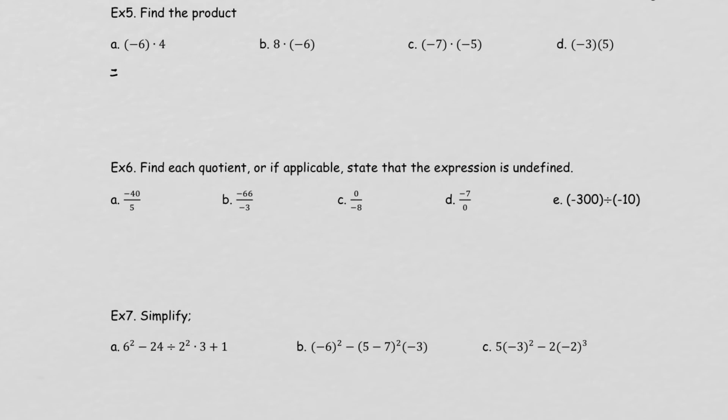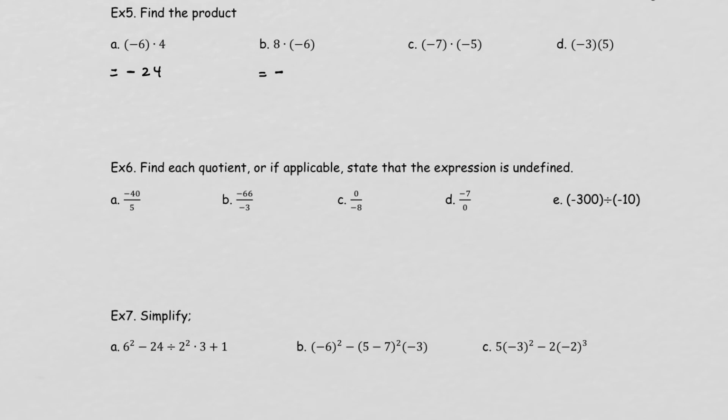So this one, when you count, you have only one negative, so your solution will be negative. Once you decide your sign, you just multiply two numbers, 6 times 4, which we already know is 24, right?